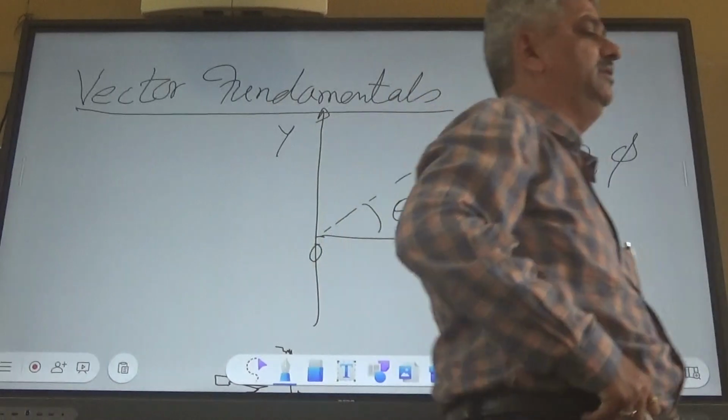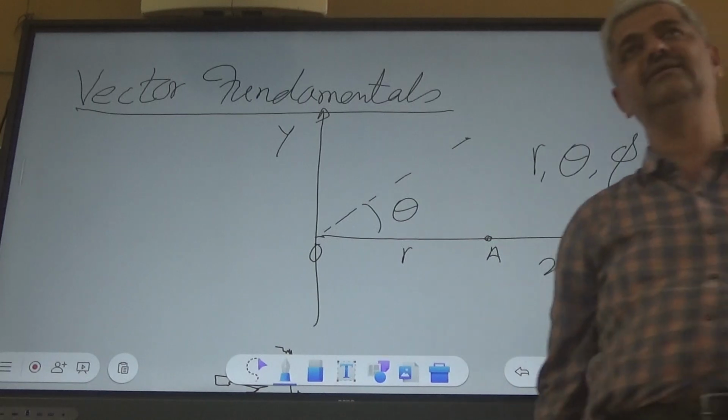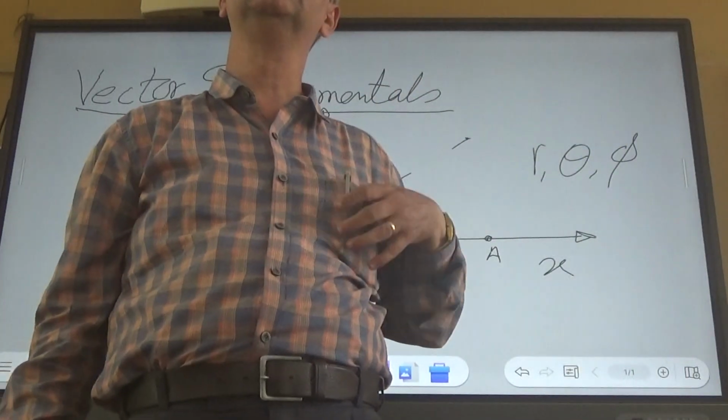Now, have you heard about coordinate systems? In 2D, Cartesian and polar, and in 3D, there is one more. What is that? In the case of polar, there are two ways in which we can be. What are those?